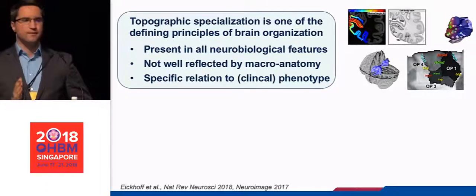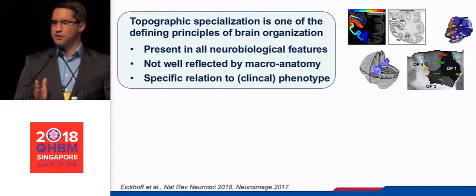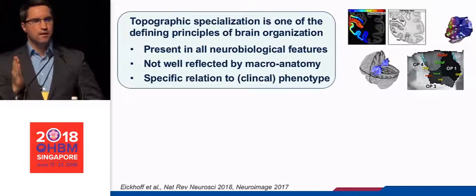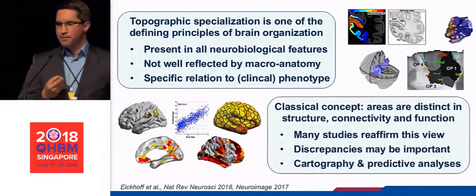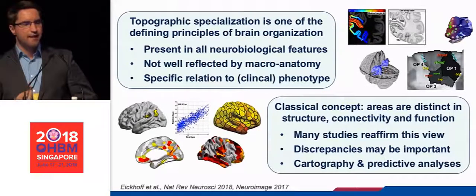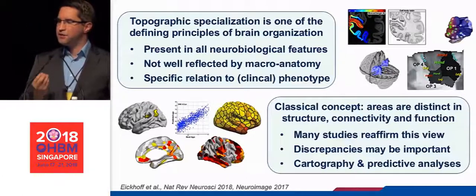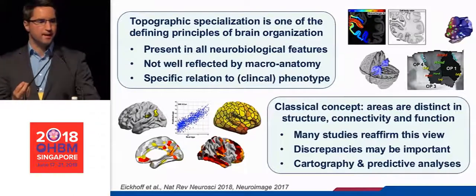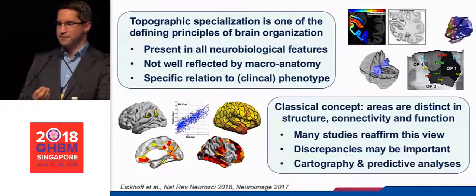It's not reflected well by macroanatomy, but it seems to have specific relationships to both behavioral and clinical phenotypes. Now, the classical concept is that areas are distinct from each other in structure, function, and connectivity all at the same time.